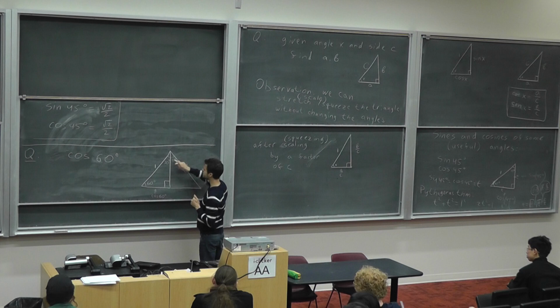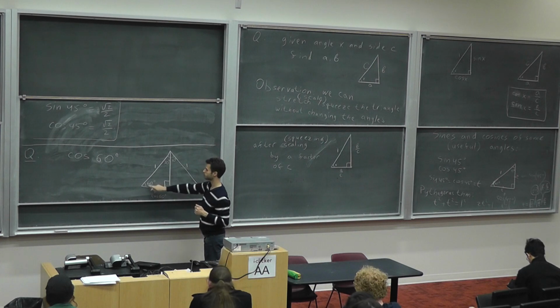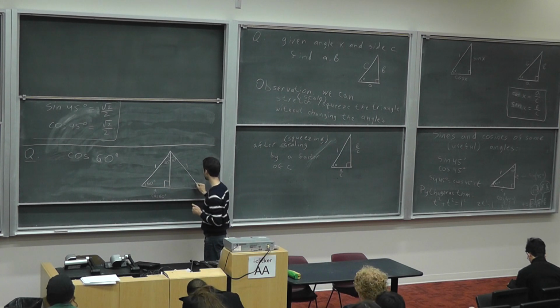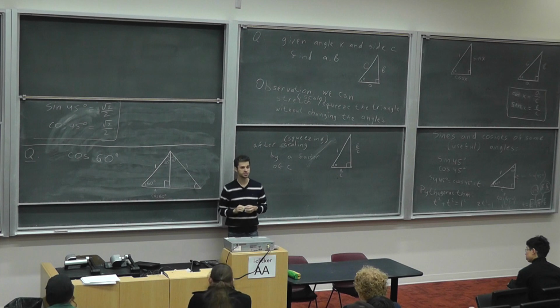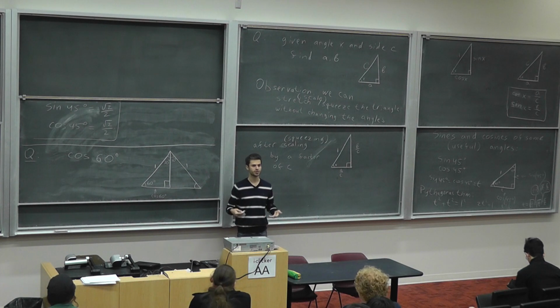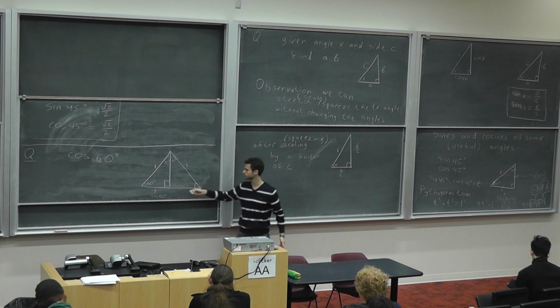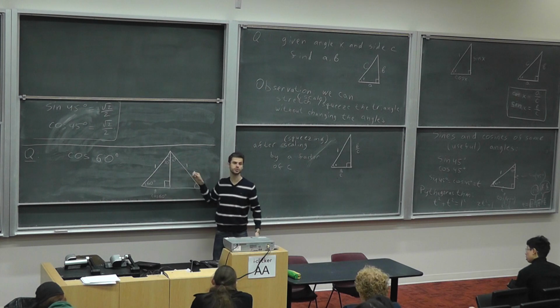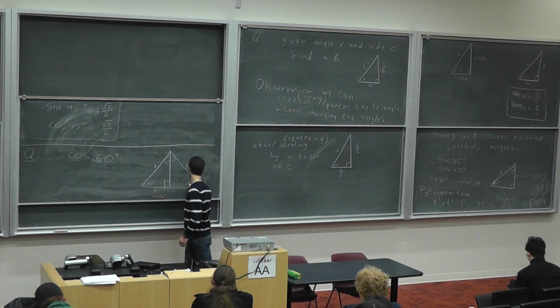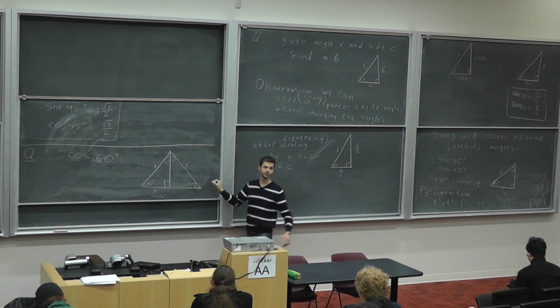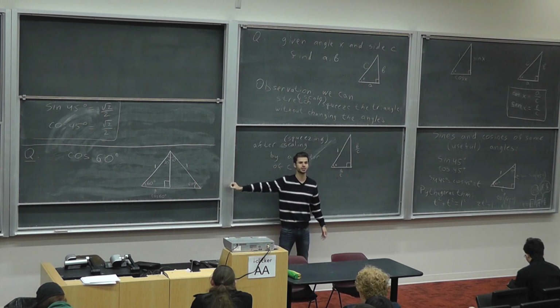Another thing, this angle is 60 degrees. This angle is 60 degrees. What about this angle? 60 degrees, because to get 180, you have to take 60 plus 60 plus another 60. So all three angles in this triangle are the same.